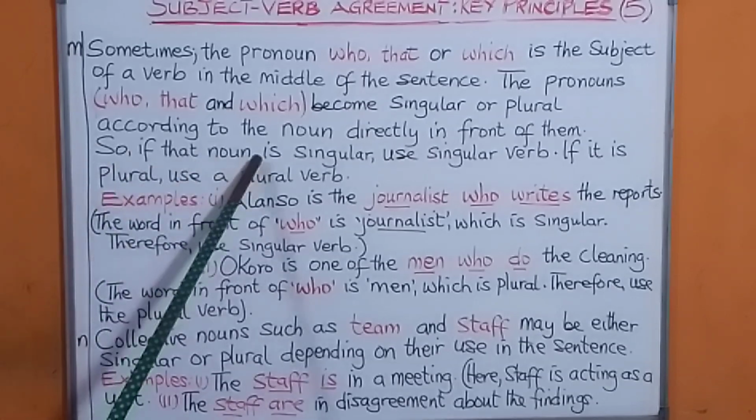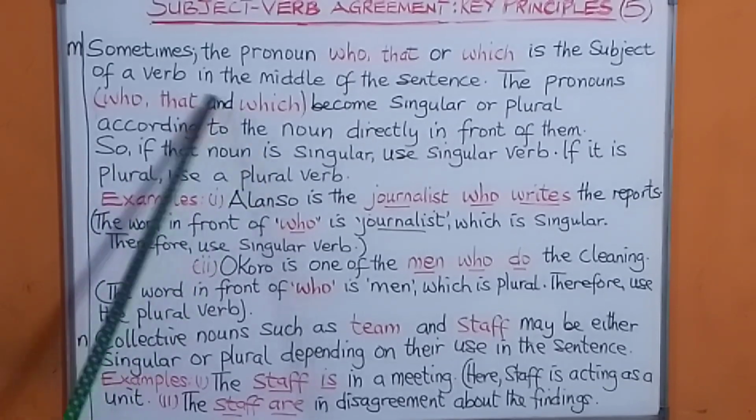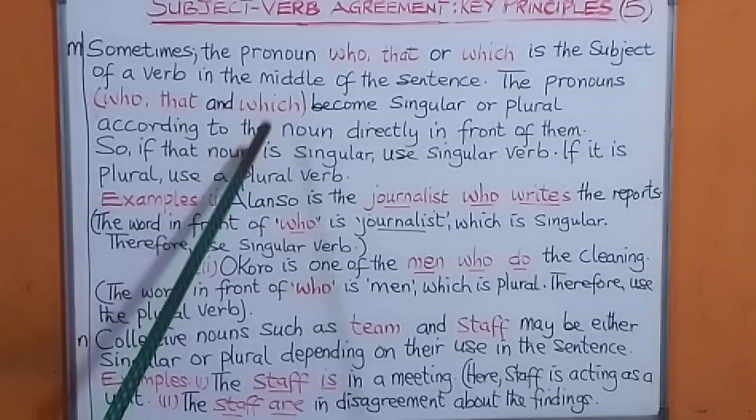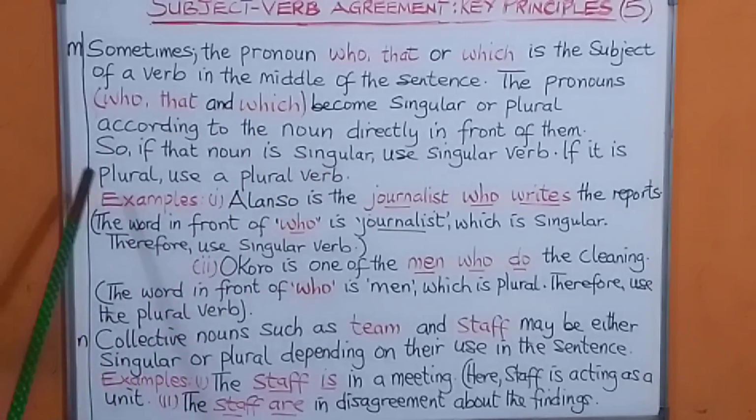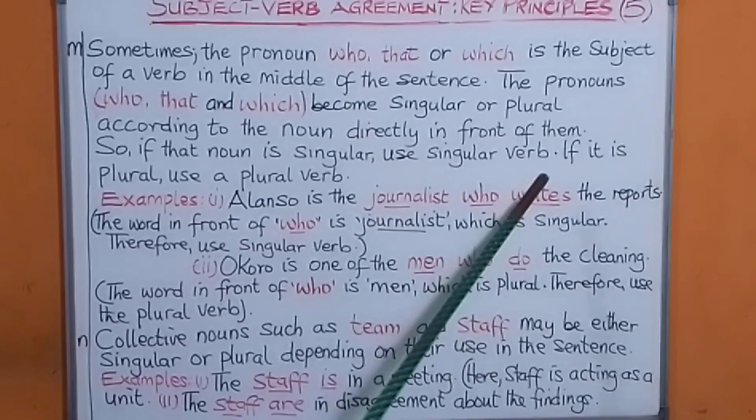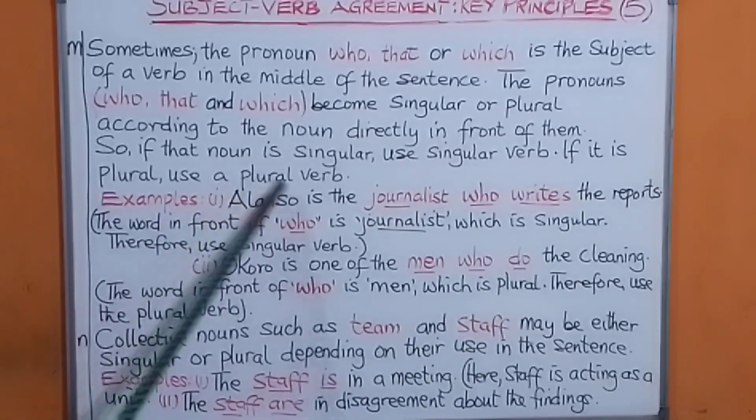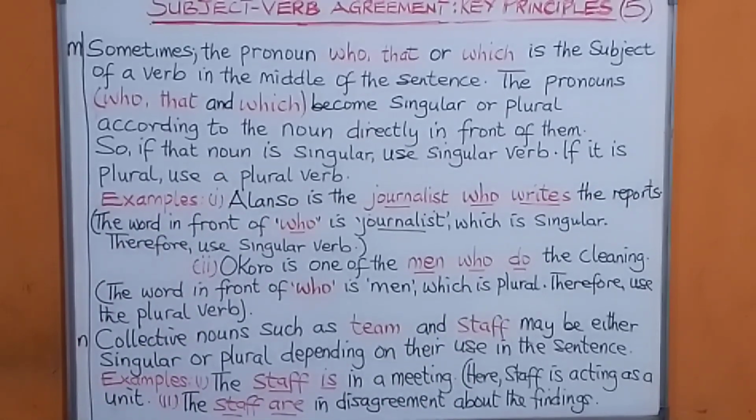So, if that noun directly in front of any of these who, that, and which is singular, then you use a singular verb. But if it is plural, use a plural verb. Let's see that again.